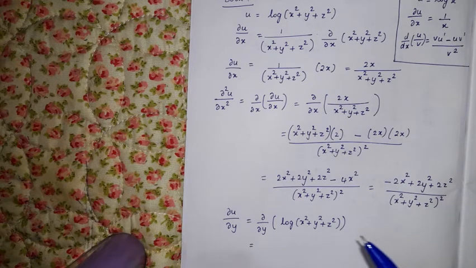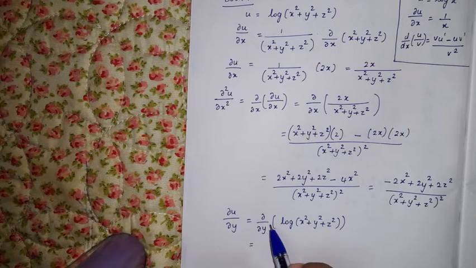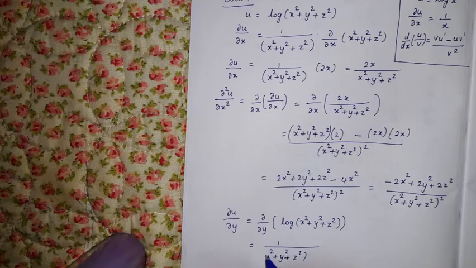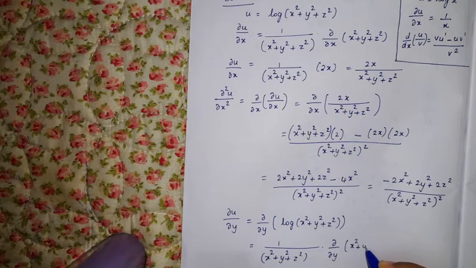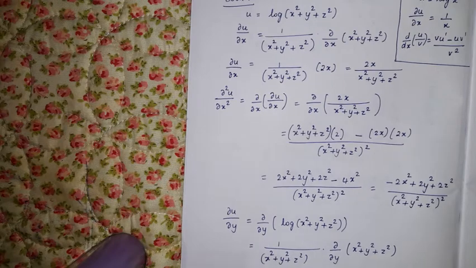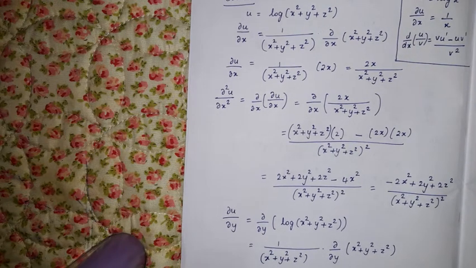Similarly, log of this term, if you differentiate with respect to y, you will have 1 by (x² + y² + z²) into ∂/∂y of (x² + y² + z²). Similar to this, you are doing this.